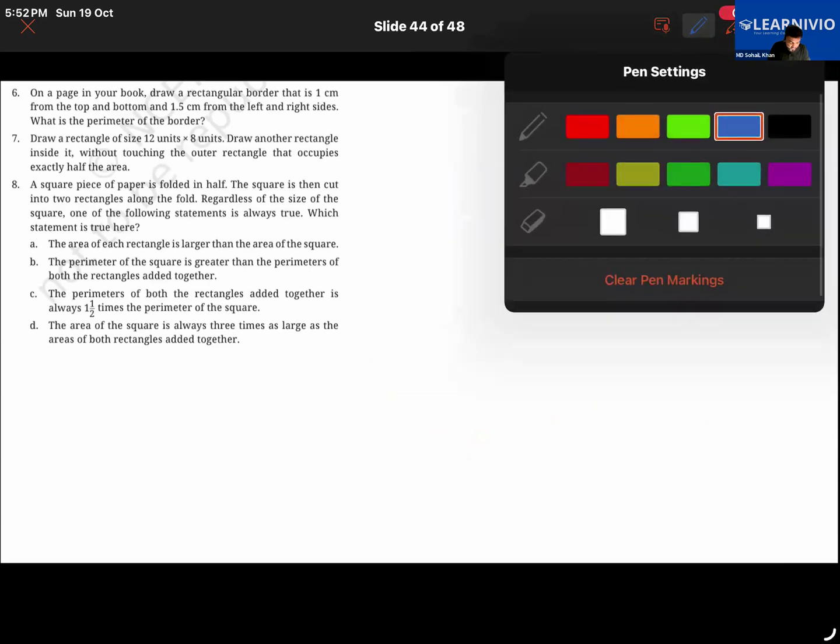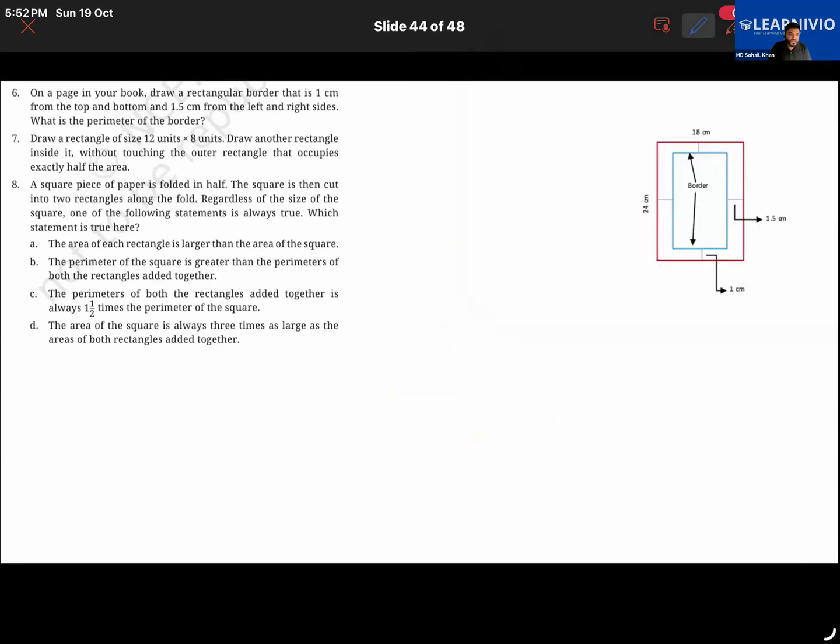Okay, look at question number 6 here. It says that on a page of your book, draw a rectangular border that is 1 centimeter from the top and bottom and 1.5 centimeter from the left and right sides. Meaning, suppose this is a page from one of your books.